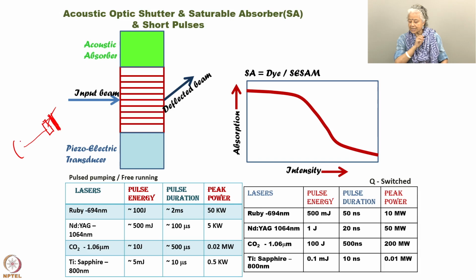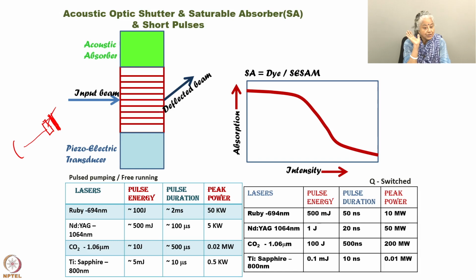Okay. It does not reach that. So, obviously, nothing is reflected back into the cavity. Okay. That means when you are putting on the transducer, the shutter is closed as far as the light beam is concerned.